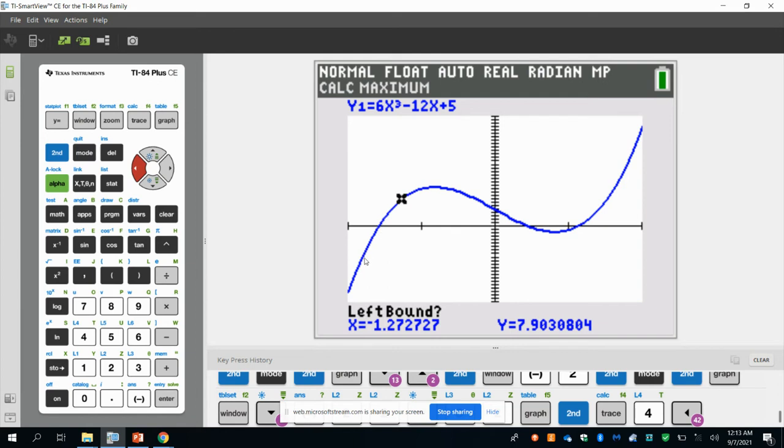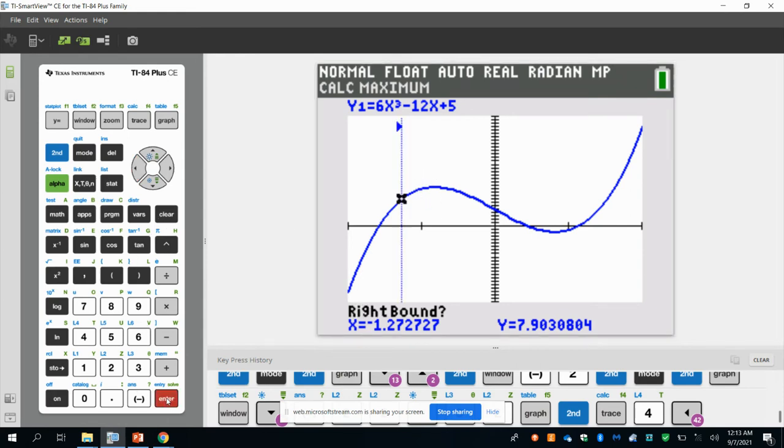Anywhere on the left-hand side will be fine, that just defines the left boundary. As long as it is on the left-hand side of the locally highest point over here, press enter, and that will mark the boundary dash line right here.